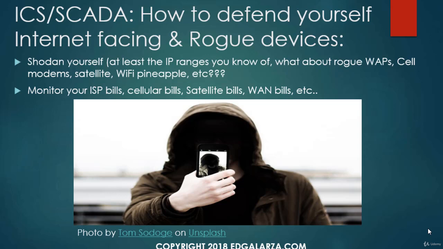So we know that as an ICS system owner and operator, we should know the different IP ranges that we're using. And we should definitely look in Shodan to see if any of our IP ranges are on the internet, if any devices within our IP ranges are on the internet.